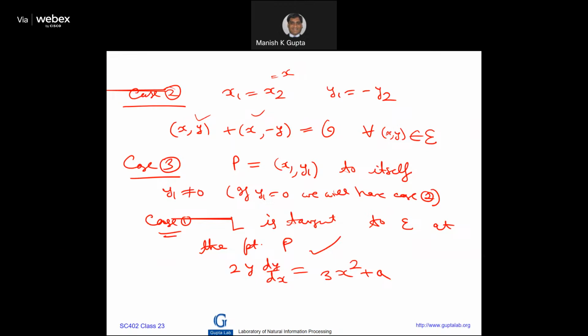So slope of the tangent will be lambda is equal to 3x1 square plus a divided by 2 times y1. So everything else is similar. The only thing is that the value of lambda this time we can compute like this in the third case.